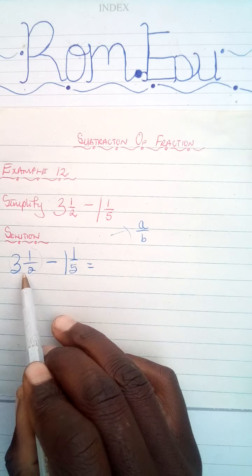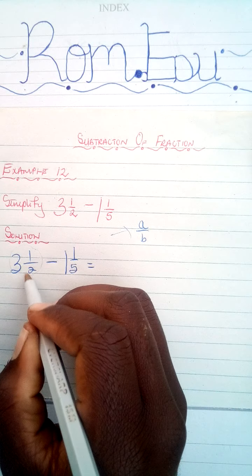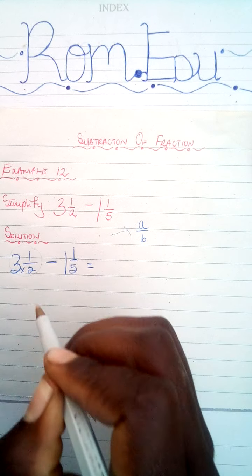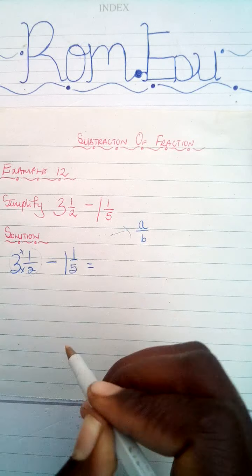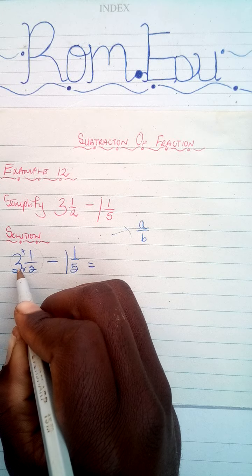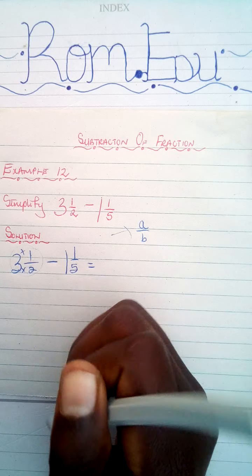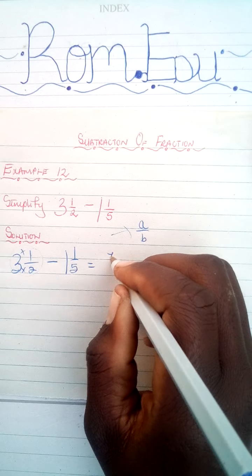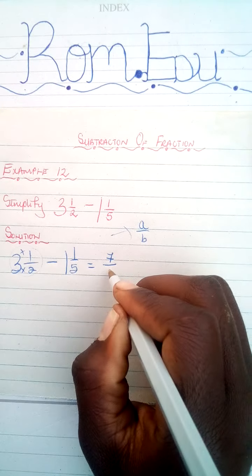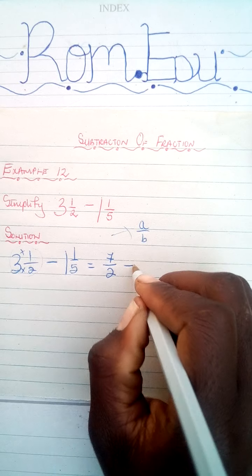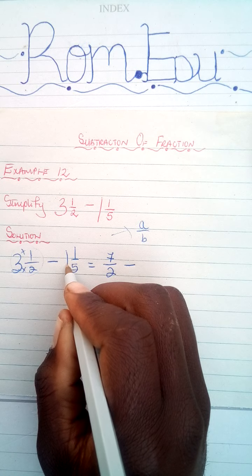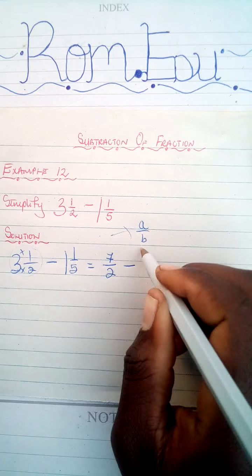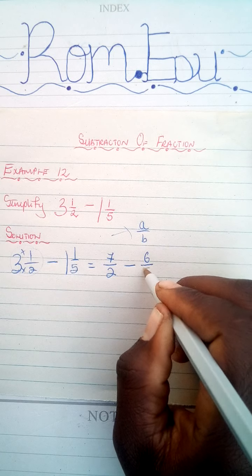How do I change it? I multiply the denominator by the whole number, then I add whatever I get to the numerator. So here's 2 times 3, that's a 6, plus the numerator here, that's a 7. So it's going to be 7 over 2 minus 5 times 1, that's 5, plus 1, that's a 6, right?